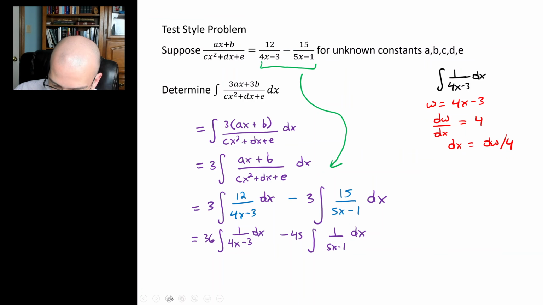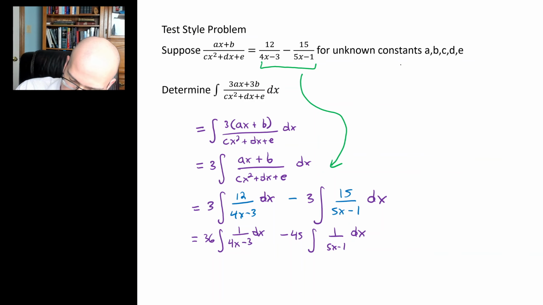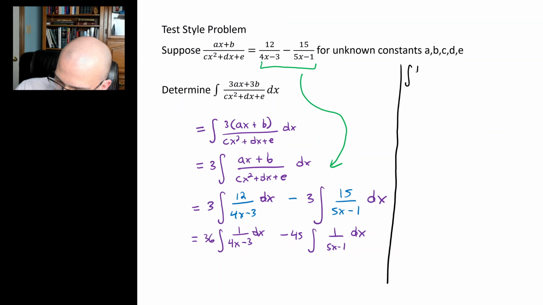So we can rewrite our integral. The integral of 1 over (4x - 3). So w is equal to 4x - 3. dw by dx is 4. So dx is dw divided by 4.